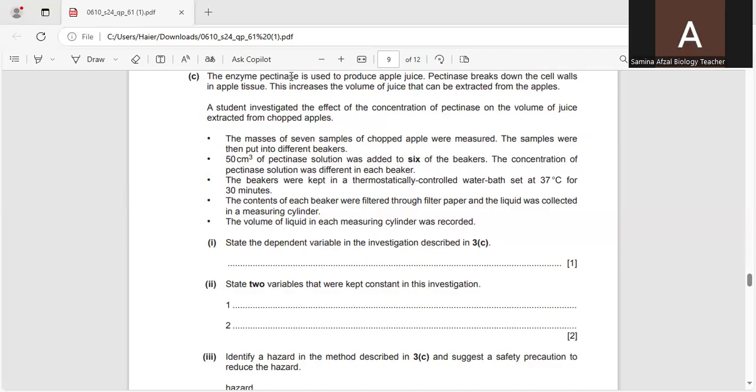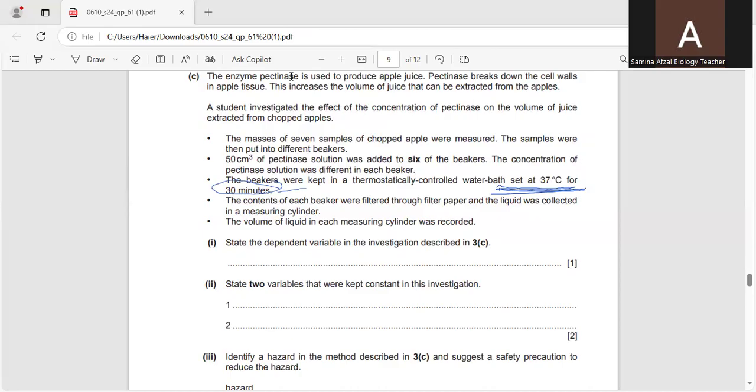So it means the time was fixed and the temperature was fixed. The contents of each beaker were filtered through filter paper and the liquid was collected in a measuring cylinder. The volume of the liquid in each measuring cylinder was recorded.